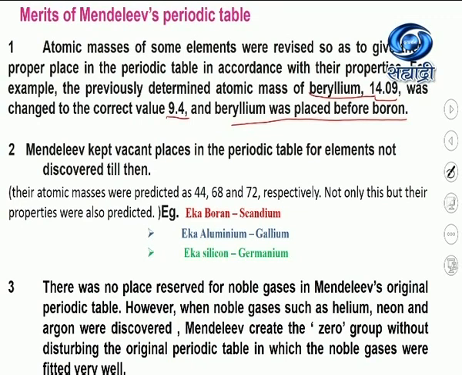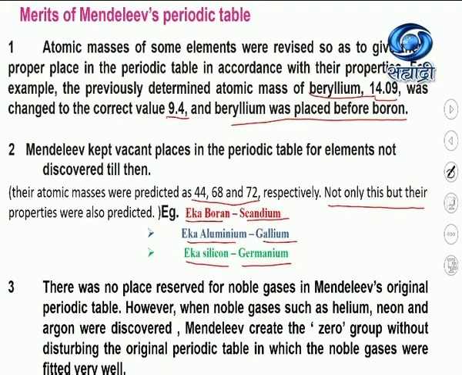He predicted those with atomic masses 44, 68, 72, and not only this, their properties also were predicted. He named them Eka boron, Eka aluminium, Eka silicon. Later on, we know those elements by their names: scandium, gallium, and germanium respectively.